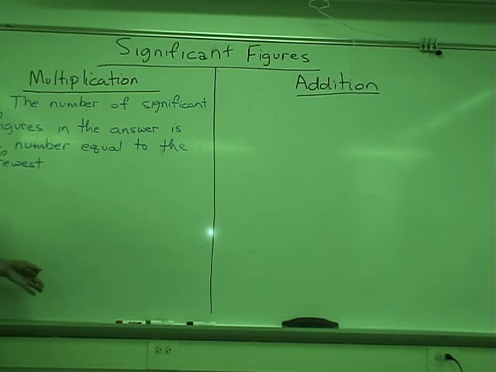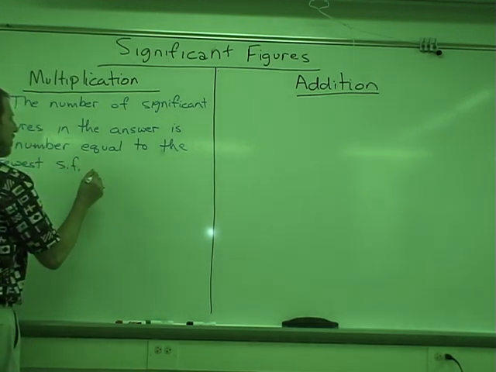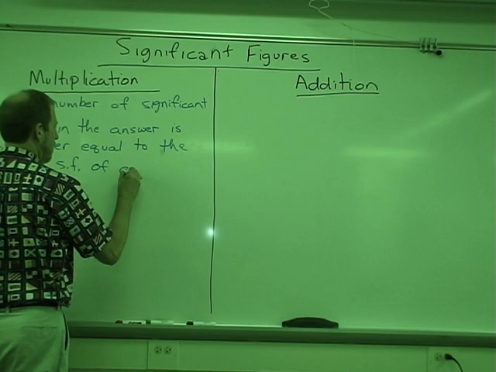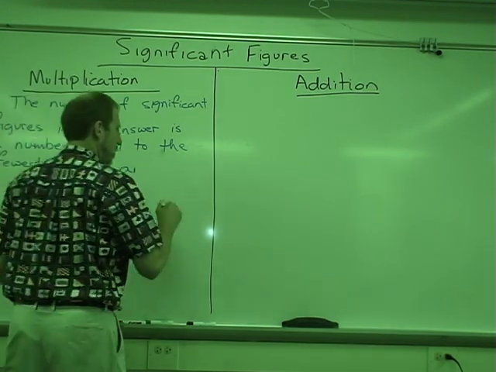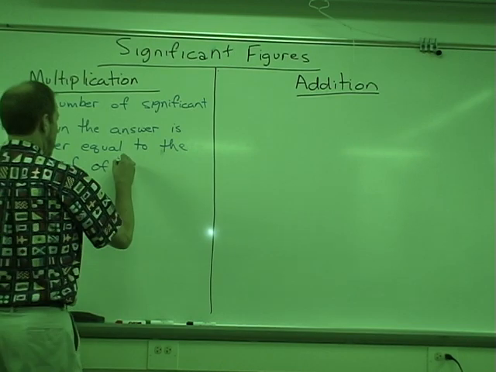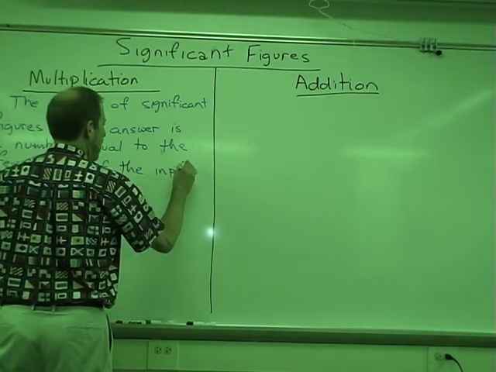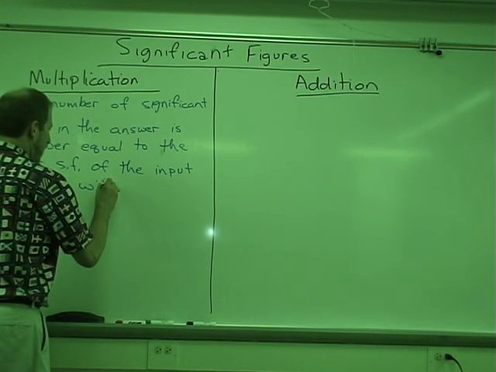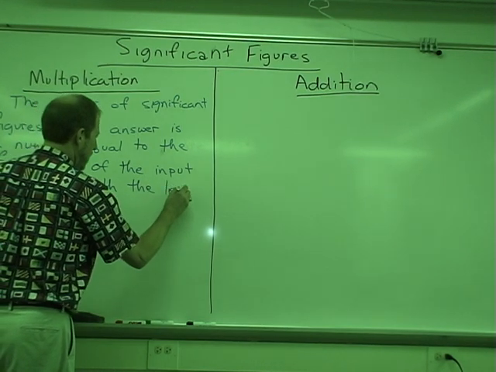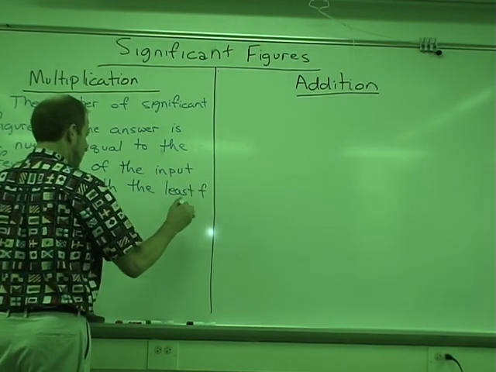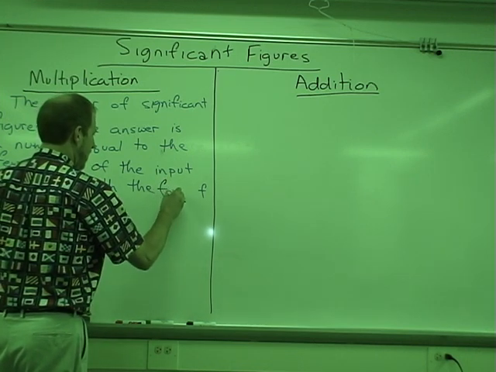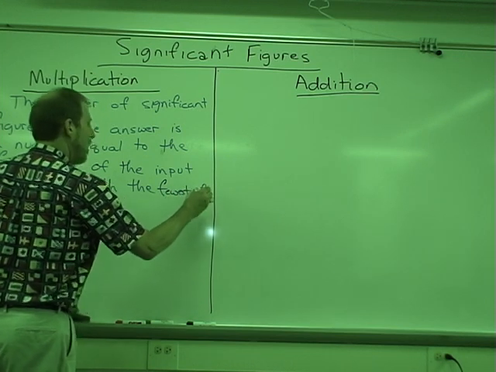We're going to go with fewest because we're dealing with integers here. A number equal to the fewest significant figures of the input numbers. Again, this should be either fewest or least. Let's say with the fewest sig figs.